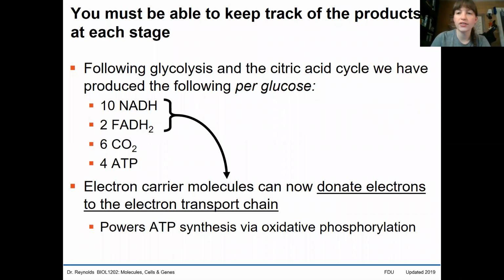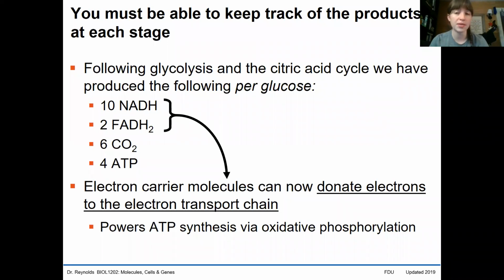And in order for us to finish out the process of cellular respiration, we really need to understand where we stand so far. Following glycolysis and the citric acid cycle, we have completely broken down a molecule of glucose. We took that 6-carbon glucose and turned it into six 1-carbon carbon dioxides.